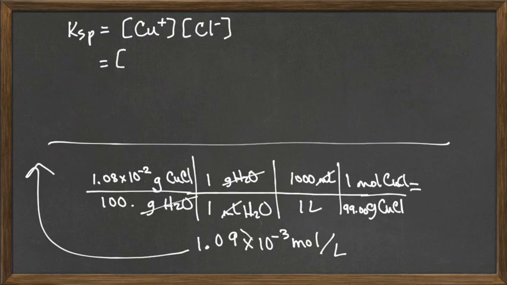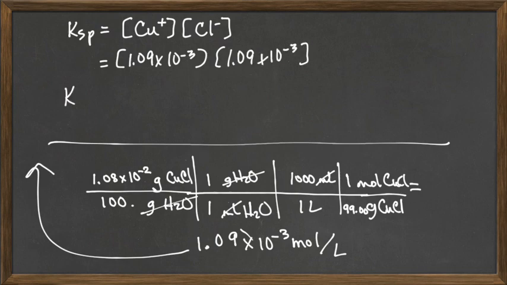I plug in my values, 1.09 times 10 to the negative 3 times 1.09 times 10 to the negative 3, and KSP comes out to be 1.19 times 10 to the negative 6. If you look at your KSP values from the table we had just looked at, you will see that this value is very close to that value. So here's one of our examples.